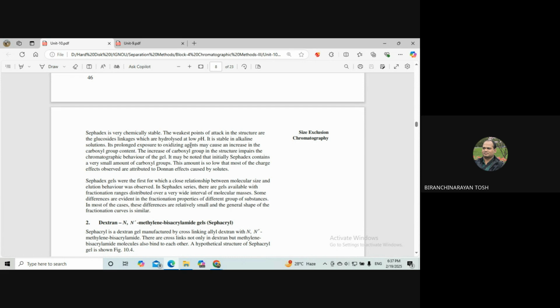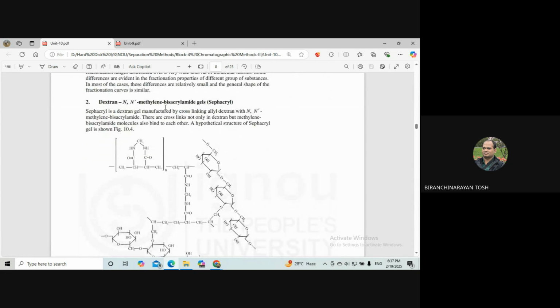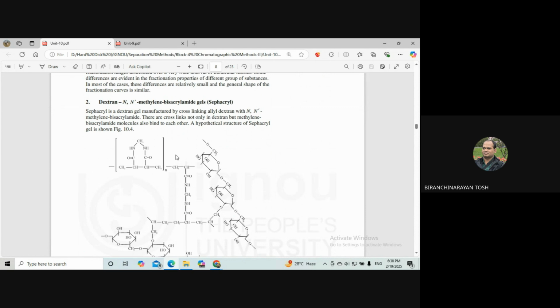Then the dextran N,N'-methylene bisacrylamide gel, that is Sephacryl. N,N'-methylene bisacrylamide, it is acrylic acid amide, then the N,N'-methylene group is there.